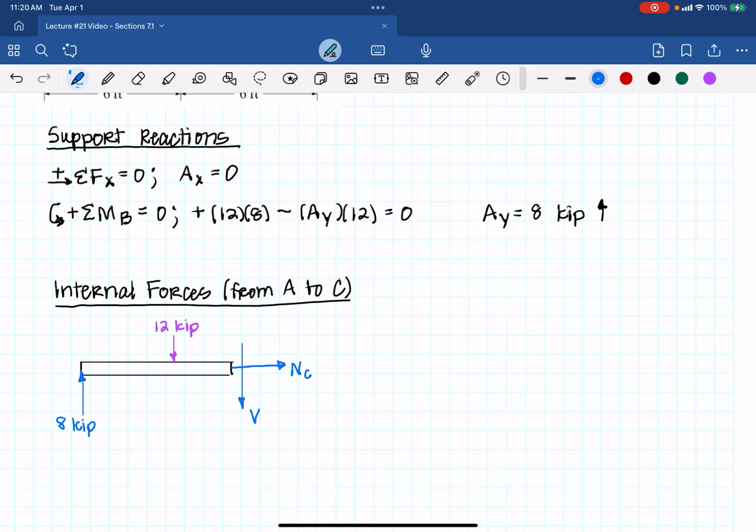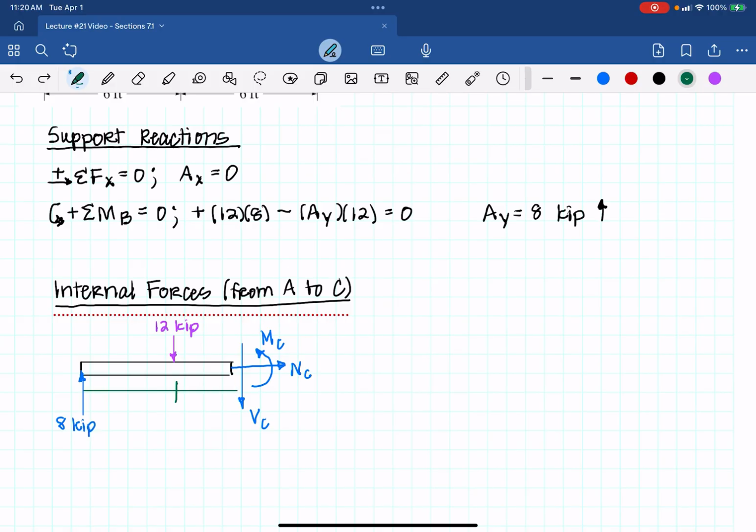And then my bending moment is going to be opposite the direction it was from the right, so it's going to be going counterclockwise. And then I'm going to draw in my distances just to make sure I have everything I need on my free body diagram.